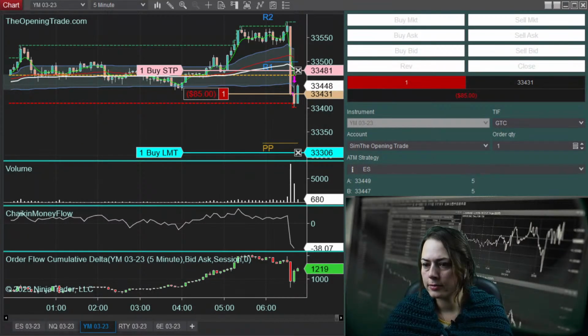We're still in an automated trade. This is on the Dow Jones futures.